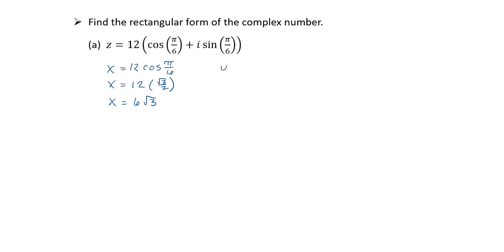Now to find y, y is r sine theta. So y is, my r is 12, my theta is pi over 6. Y will be 12 times 1/2. So y is 6.